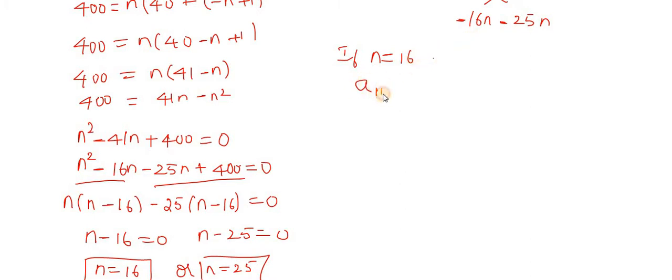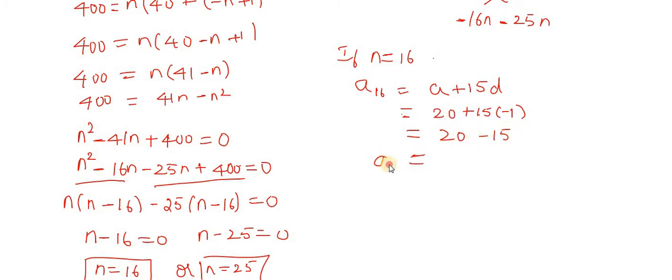So therefore a16 is equal to a plus 15d. So a is 20 plus 15 into minus 1, which is equal to 20 minus 15. So here the top row number is 5. So that is a16 which is equal to 5.